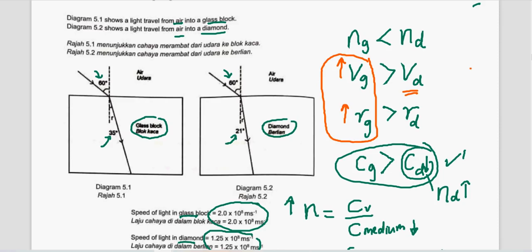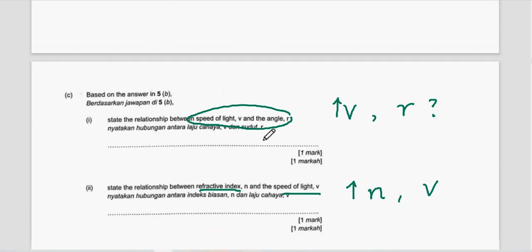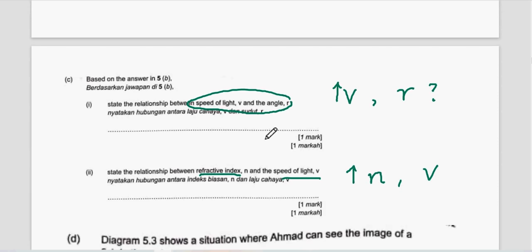For this part, V smaller, you can just put an arrow like that, and then here N bigger. So you can write: the greater the refractive index, the smaller the speed of light. Okay, that is to answer this part.